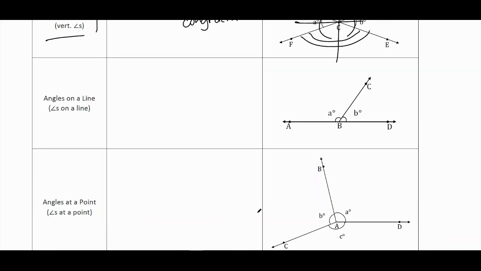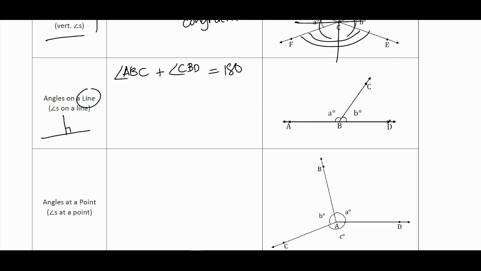Now, angles on a line. Whenever we are talking about angles on a line, what you need to remember is a straight form of a line, so it means they are going to create a 180-degree angle. It means adding angle ABC and angle CBD will result to 180 degrees.